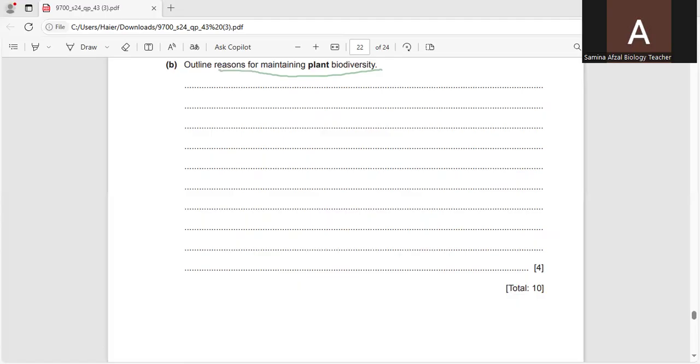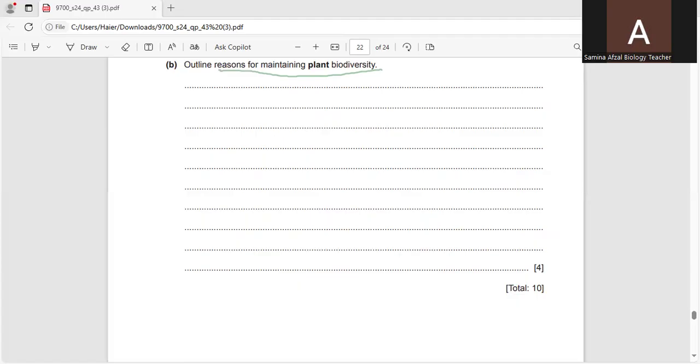And there are many other factors. For example, for agriculture, wild plant relatives provide genetic diversity for crop improvement, leading to higher yields, disease resistance, and climate adaptability. On the other hand, pharmaceuticals: many medicines are derived from plants, and diverse plant communities offer a rich source of potential new drugs. All this biodiversity also has an aesthetic value.